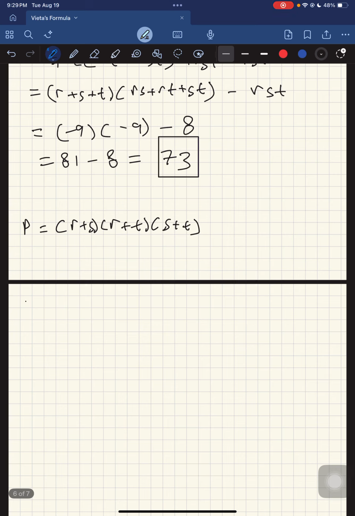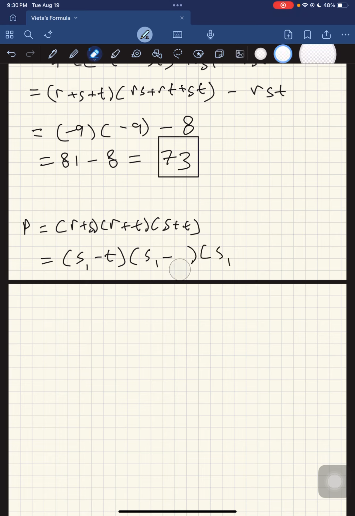In fact, we can write this as S1, the first symmetric sum, minus t, times S1 minus s, times S1 minus r.